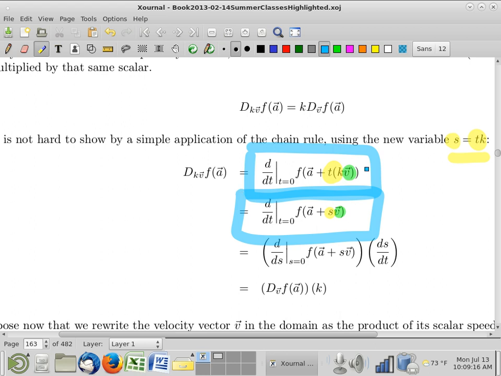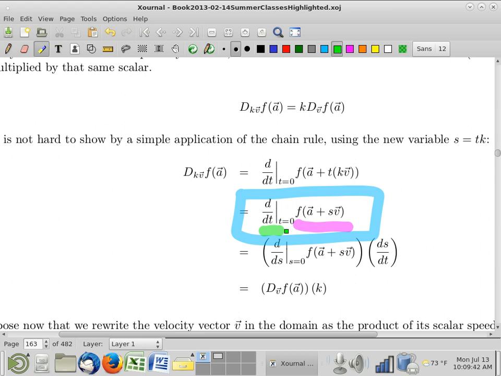All right. So that being said, what is this expression? Well, I claim what we have here is a chain rule problem. This is a chain rule problem because I have a function of S, and I'm taking the derivative with respect to t. So think back to single variable calculus. How do you take a derivative?